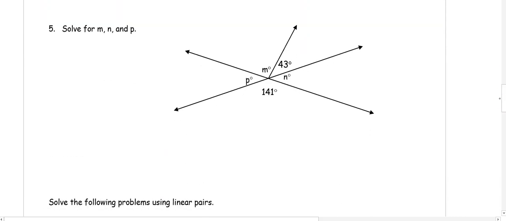Number 5, solve for M, N, and P. So first let's look and see if we have any angles that form a straight line. So I know that there's a straight line right here, which will help me find P. So to find P, it's 180 minus 141, which gets me 39 degrees.